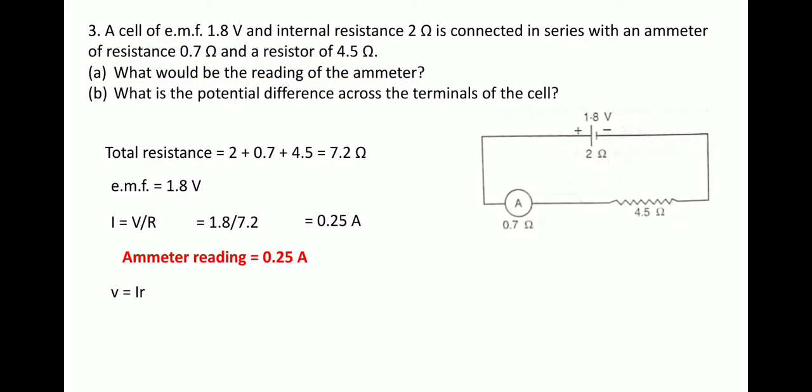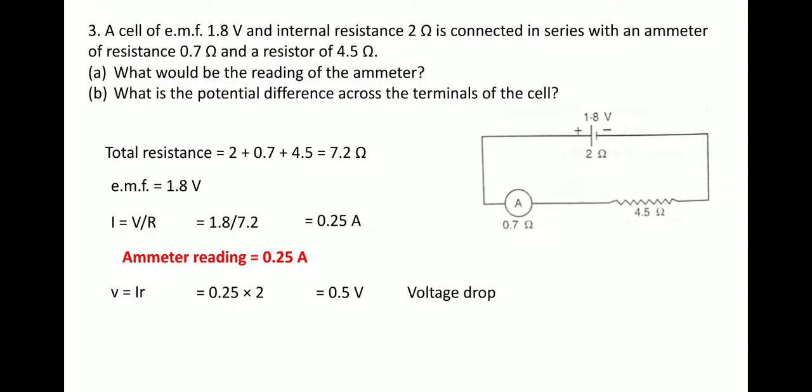So we'll write small v is equal to IR, the current multiplied with the internal resistance. Over here the current is 0.25 ampere, which needs to be multiplied with 2 ohms of internal resistance. When you multiply, you will get 0.5 volt of voltage drop.